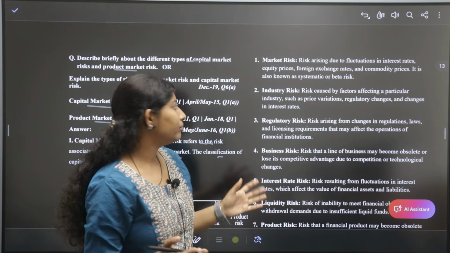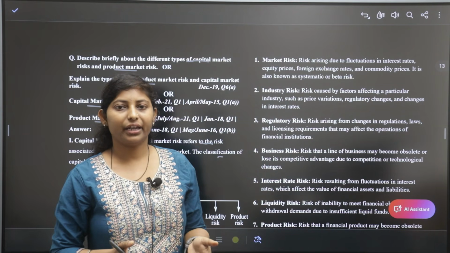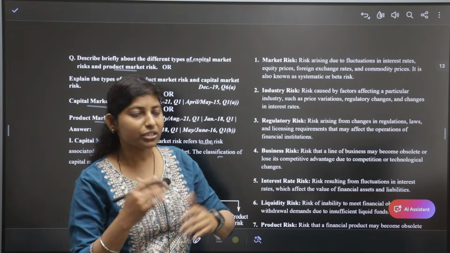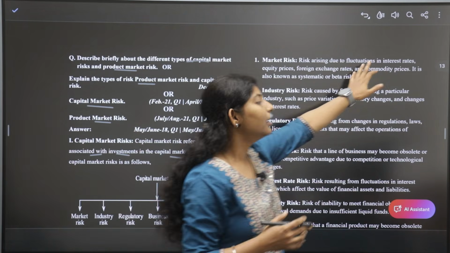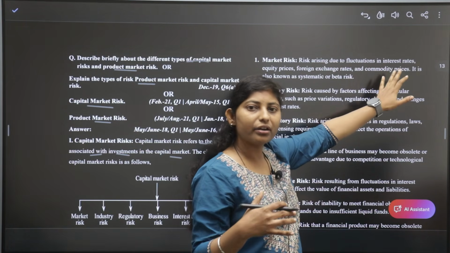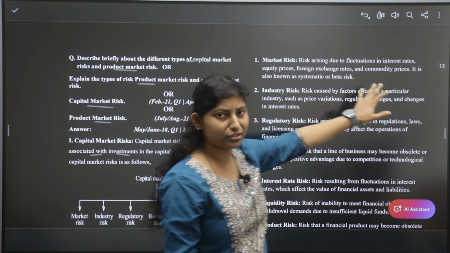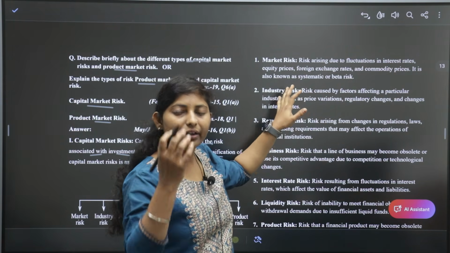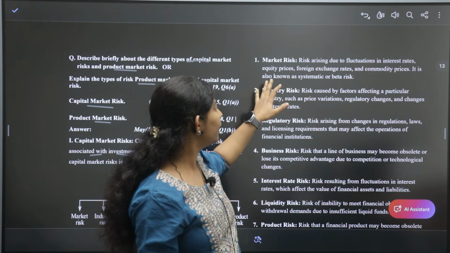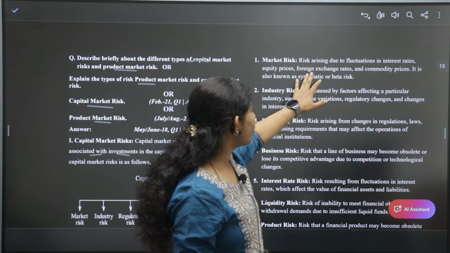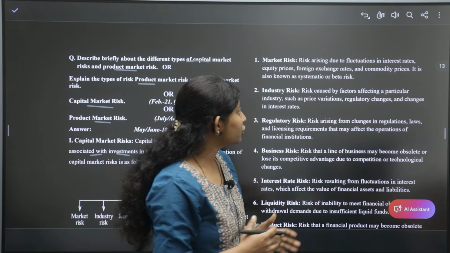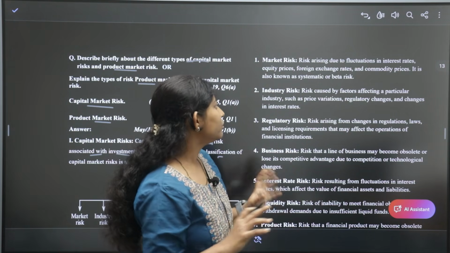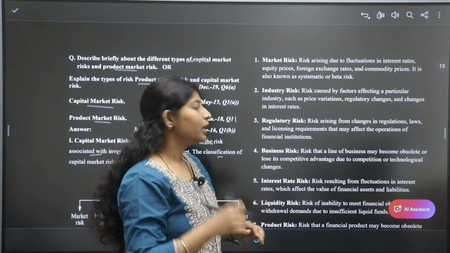Market risk is nothing but, as we are already in the market trading securities or stocks, where there is a fluctuation in such conditions, such as our interest rate reducing so we get less interest, or our equity prices getting reduced so we get less benefit. Foreign exchange rates fluctuate and commodity prices also vary. Because of that we face systematic or beta risk.